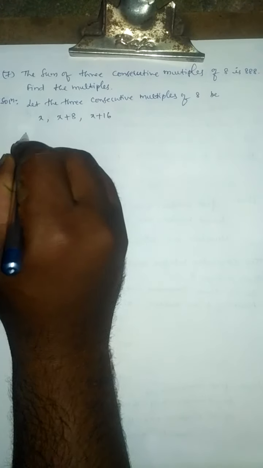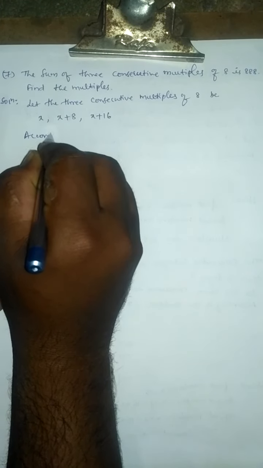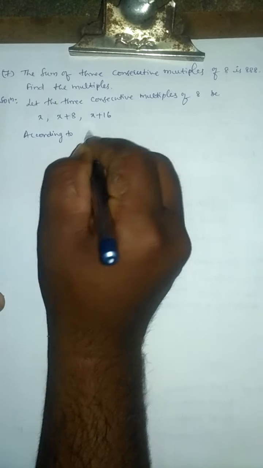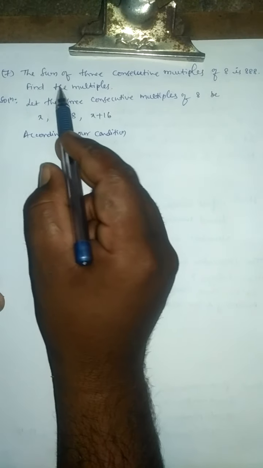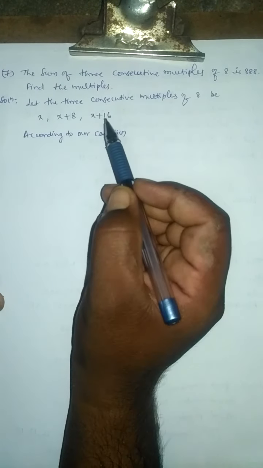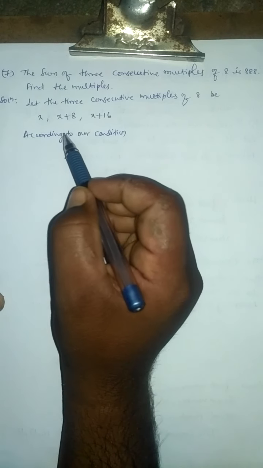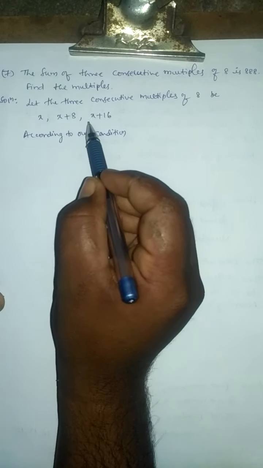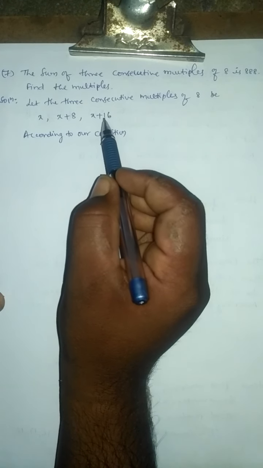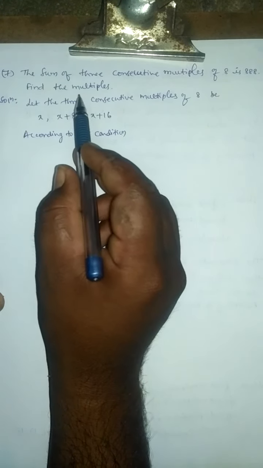So according to our condition, what it says, the sum of 3 consecutive multiples. 3 consecutive multiples are x, x plus 8 and x plus 16. So if you add, then it will become the sum.